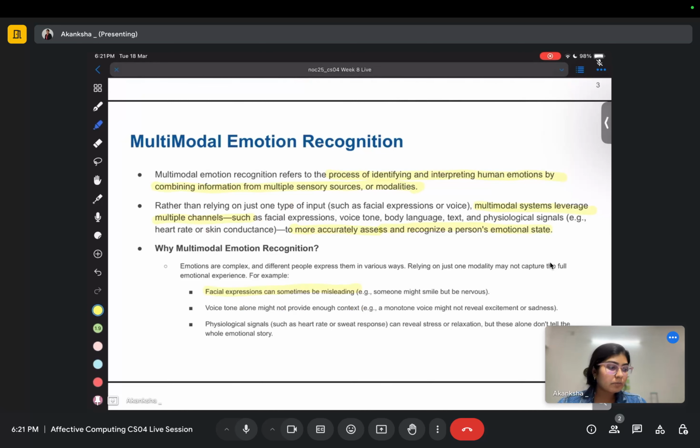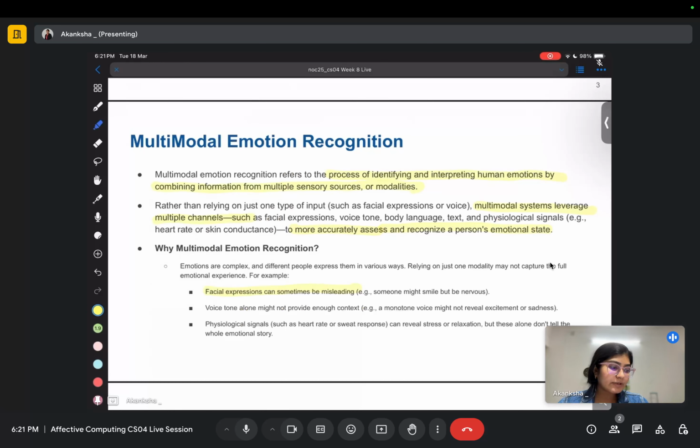A monotone voice might not reveal excitement. Physiological signals can reveal stress or relaxation, they can tell us about the arousal state. However, the positive and negative aspect, that is the valence, they cannot tell.